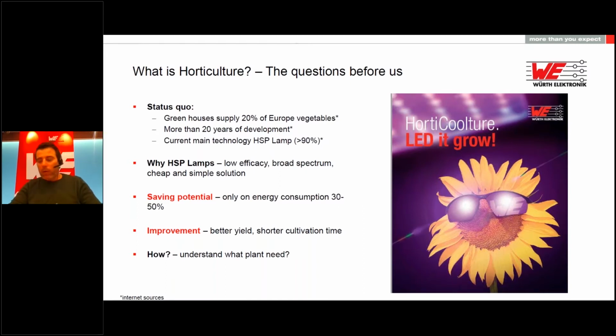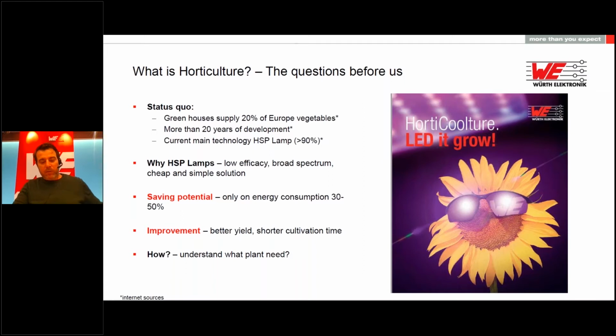And why do LEDs take more place? Because the current HPS lamp technology has low efficacy and a broad spectrum, but up to now it was the cheaper and simple solution to the problem. When you have a lamp, you just turn it on, it provides light to the plants, and the plant grows.